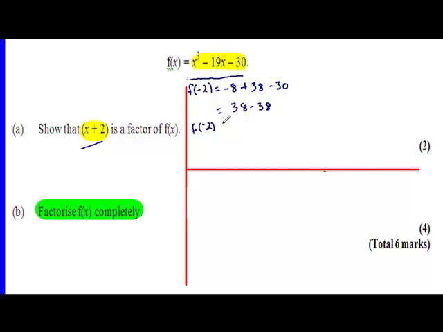So f of minus 2 gives us 0. Therefore, we've shown that x plus 2 is a factor.